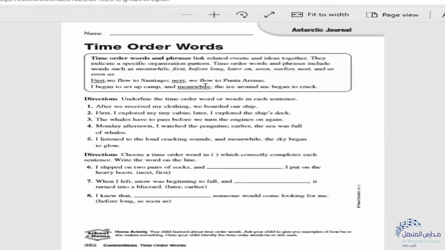So the word meanwhile over here is the time order word telling us that at the same time as the person was busy setting up the camp, the ice also started to crack around him. And that is what time order words show us in sentences. It shows us the arrangement of things and how they happened in relation to each other.